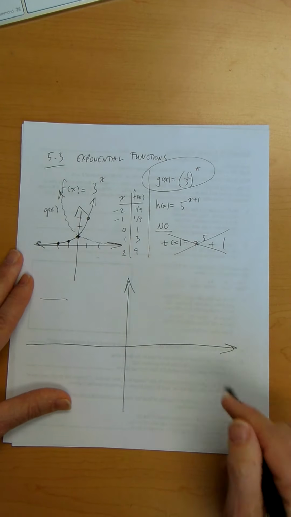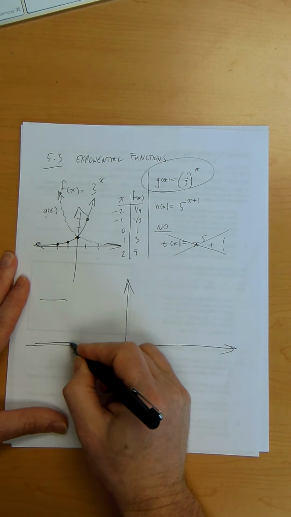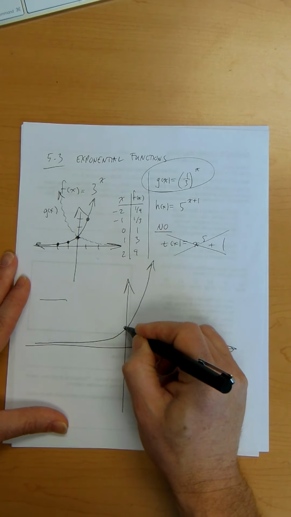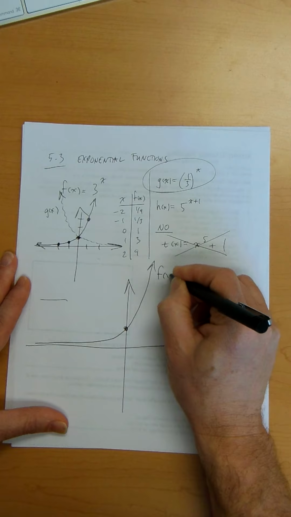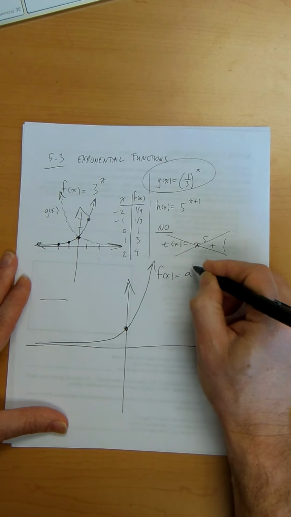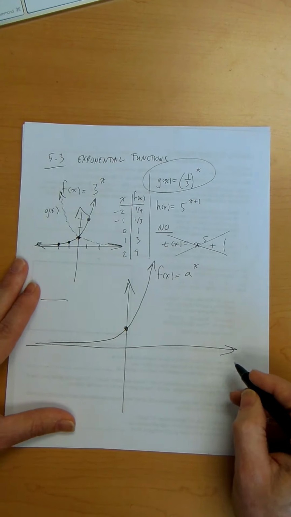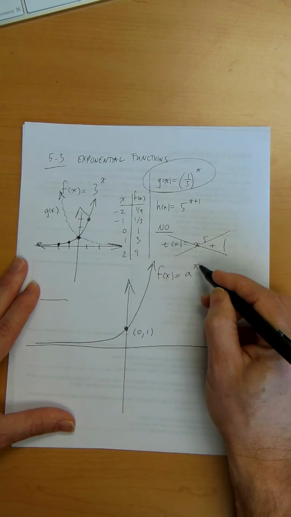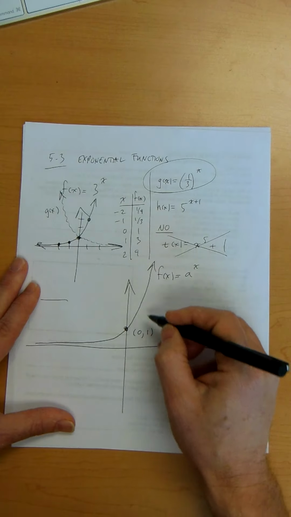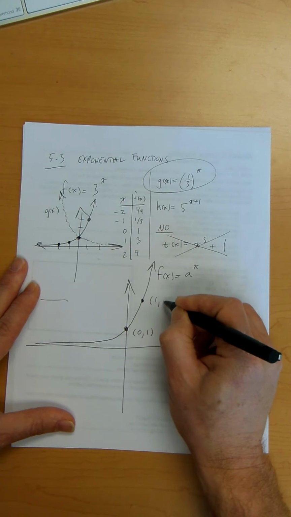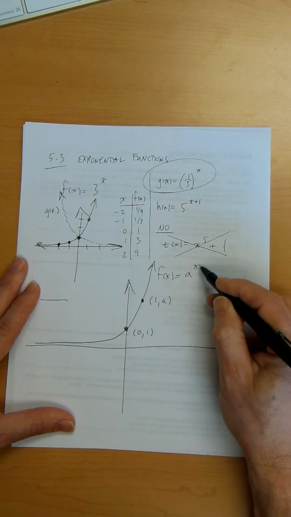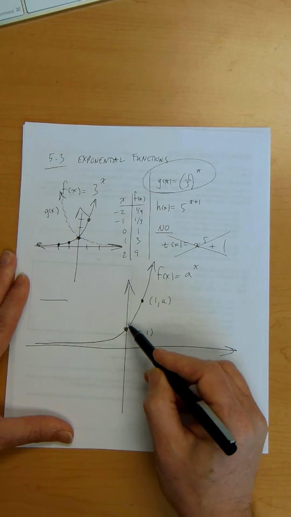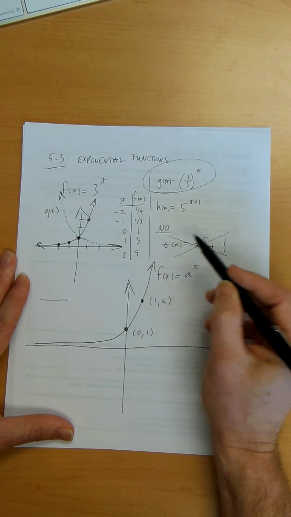So if you've got an exponential function f of x equals a to the x power, and a is bigger than 1, you'll go through the point (0, 1), because anything to the 0 power is 1, and you'll go through the point (1, a), because a raised to the first power is a, and it'll be asymptotic to the negative x-axis and grow very fast over here.